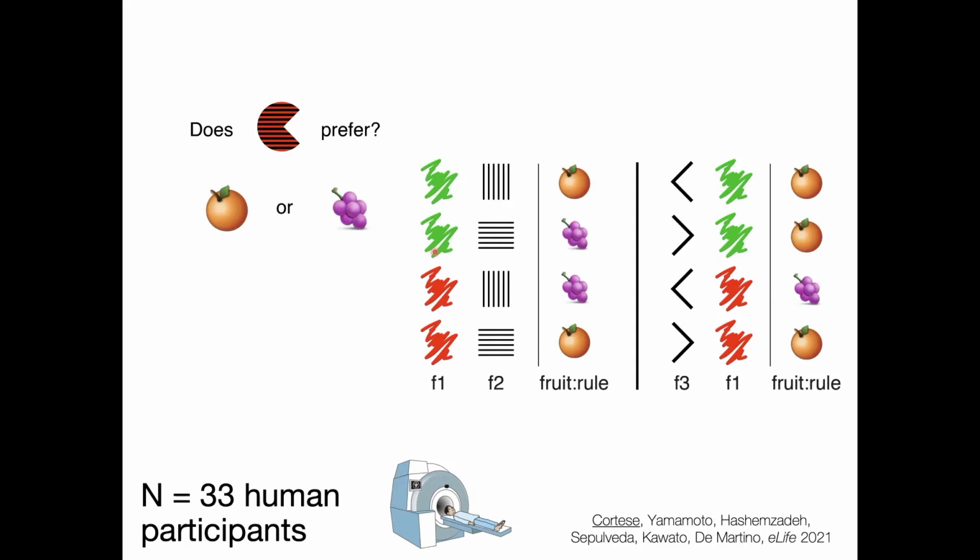So participants have to learn to infer, given the stimuli they see, the choices they take, and the feedback they receive, whether this Pac-Man, for example red or horizontal, prefers an orange or a gray one.